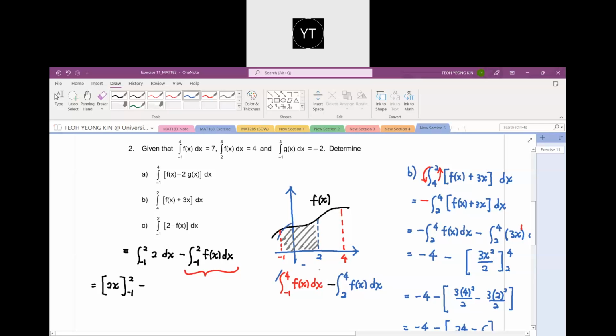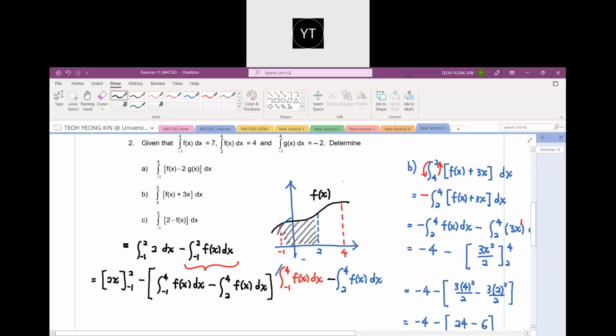So for this part, let's put a big square bracket: the integration from negative 1 to 4 of f(x) dx, minus the empty region, the integration from 2 to 4 of f(x) dx. Negative 1 to 4 minus 2 to 4 will be the shaded region.